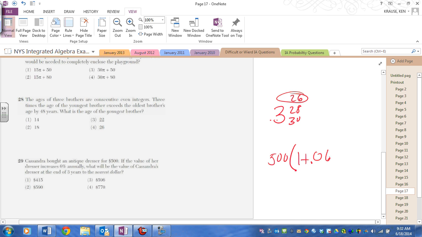That's 6%, right? Sorry, I keep getting these emails. And we're going to do it for 3 years. So $500 is the initial amount. It's increasing, so we're going to add 6%, and for 3 years. So we'll just type in the calculator 500 times 1 plus 0.06 raised to the 3, and it gives you 595.508. So that's choice 3.